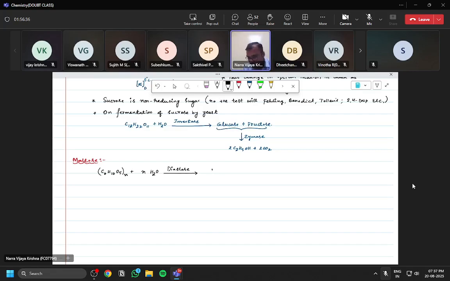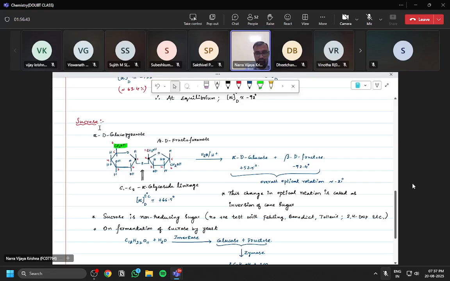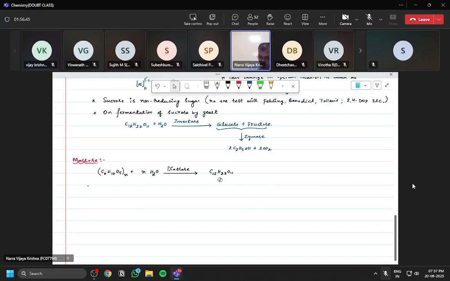Maltose is C12H22O11, the same. Sucrose is a disaccharide. Maltose is also a disaccharide. So if I take 2 moles of it, then I will get n moles of it. You will get maltose. In the presence of another enzyme, maltase, this maltose converts into glucose.